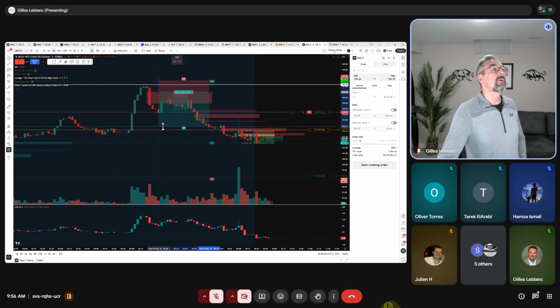And so yeah, there was 3R right here. Right, so once this spiked in, I got in with another contract and then put my stop right above here, which I was already in the money, right? And still am. So that's the beauty of these kinds of trades, is that you're in the profit right now.